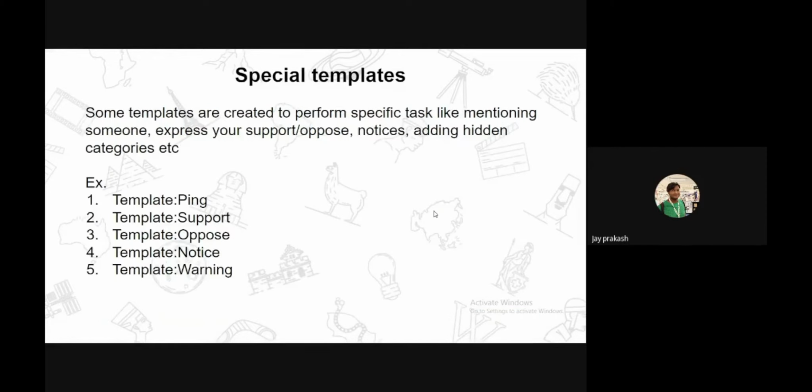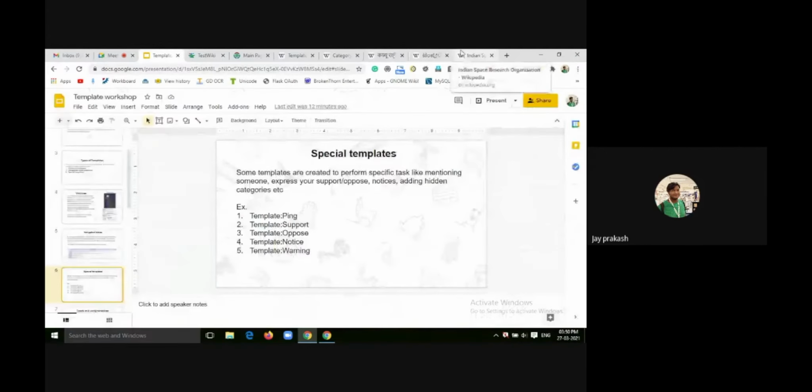And the third kind of templates are special templates. Some templates are created to perform special tasks like mentioning someone, expressing your support or opposition, notices, adding hidden categories, etc. These are called special kinds of templates. You can see examples like ping, support, oppose, notice, and warnings.